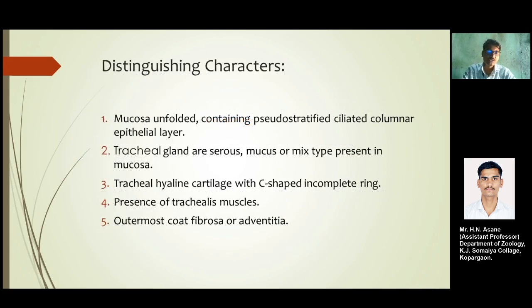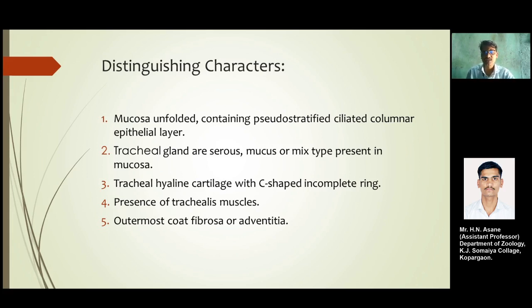Okay, so the distinguishing characters. The mucosa is unfolded, and the pseudostratified ciliated columnar epithelial layer is present. Then there are the tracheal glands. Serous as well as mucous glands are present.